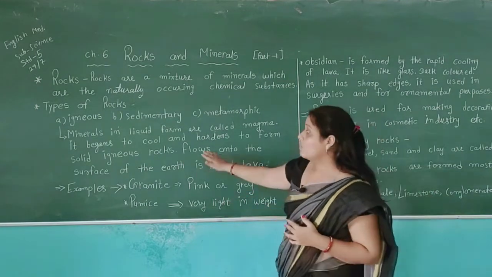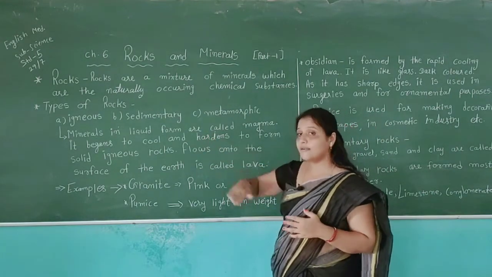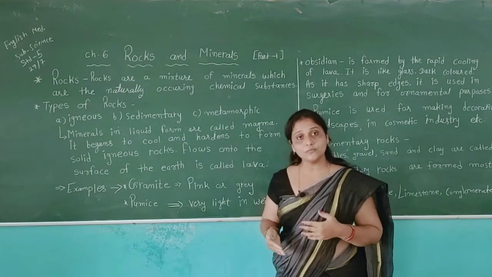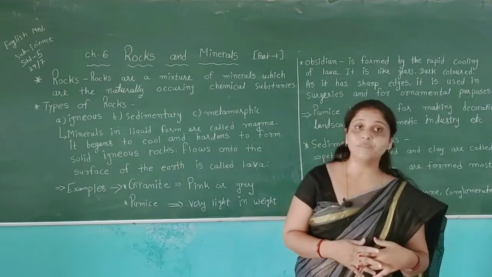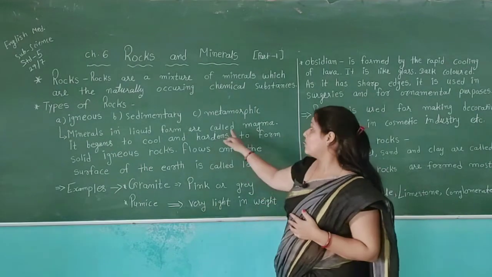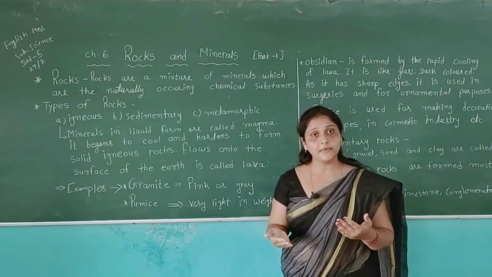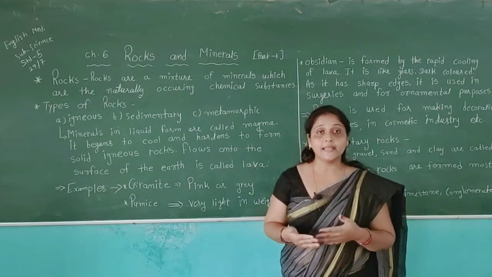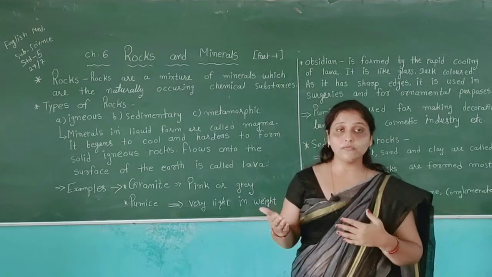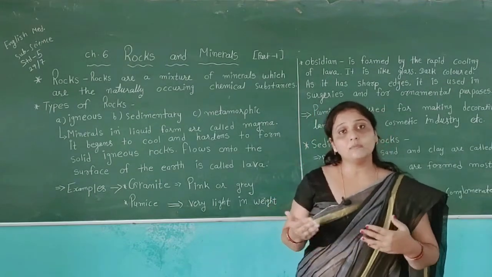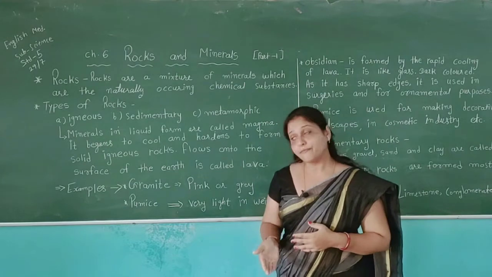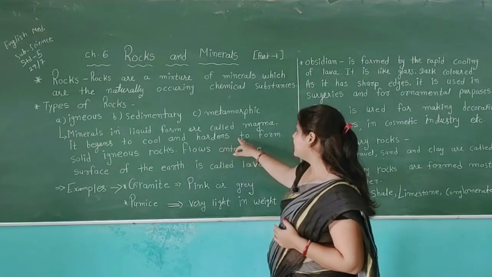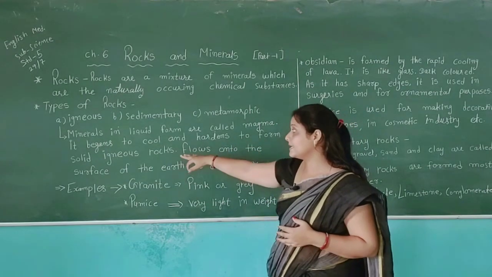Like this, when minerals are under the surface of the earth, because of the heat they are in liquid form, and this liquid form is called magma. But after some time it comes up, gets a cool atmosphere, and because of the cool atmosphere it becomes solid. This hardens to form solid igneous rocks.